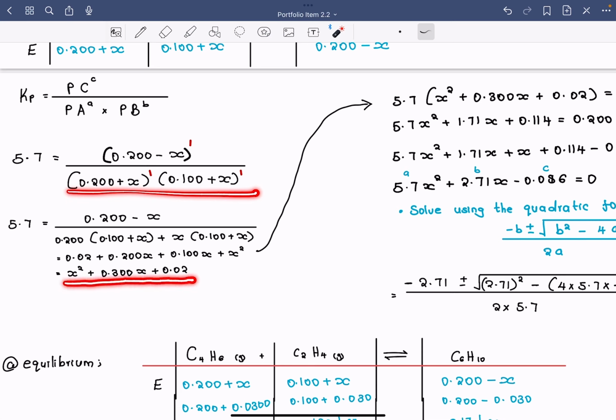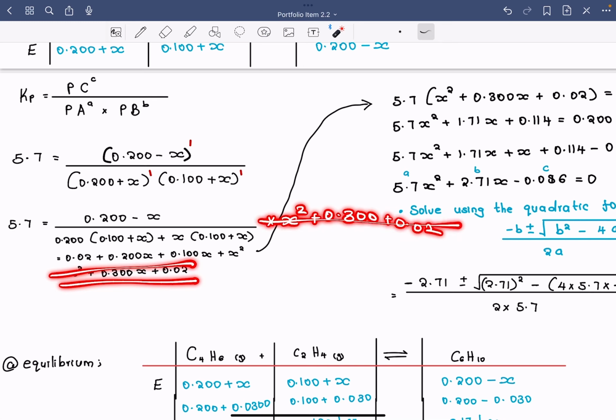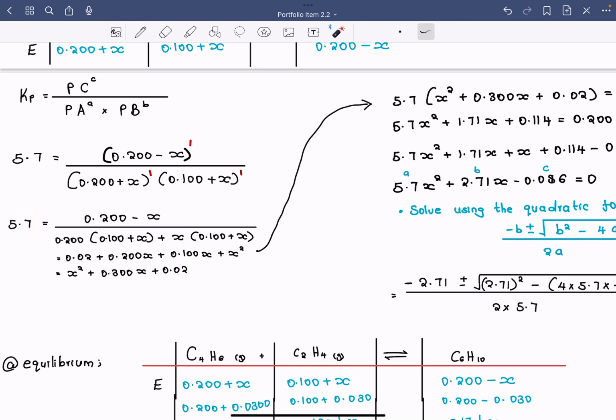If we multiply this, we get X squared plus 0.300X plus 0.02. And then what I did is I multiplied both sides with this. So I multiplied times X squared plus 0.300X plus 0.02. And you see how that cancels? And then on this side, I also multiplied with this.